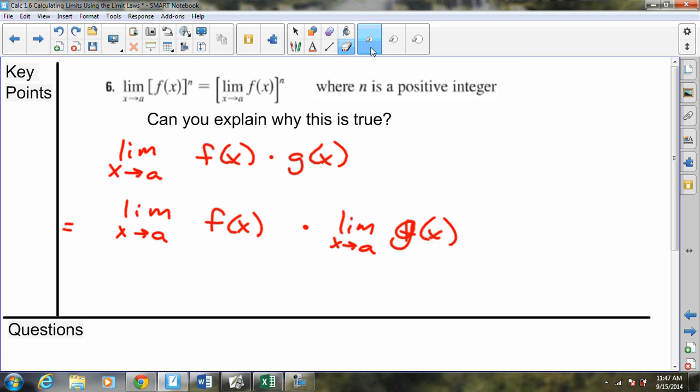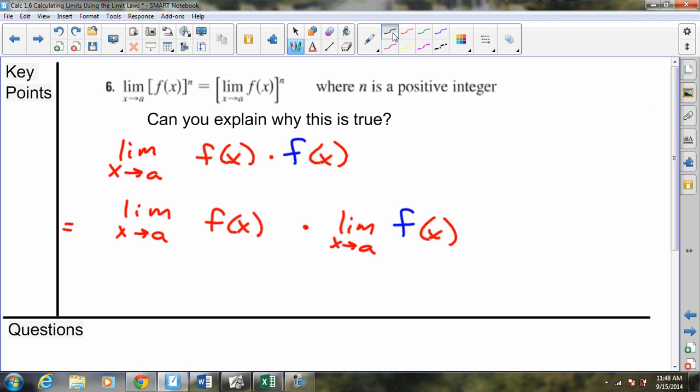What if we replace the function g with the function f? So in that instance, g of x equals f of x. We could still use the same theorem. The only difference is this g is replaced with an f.